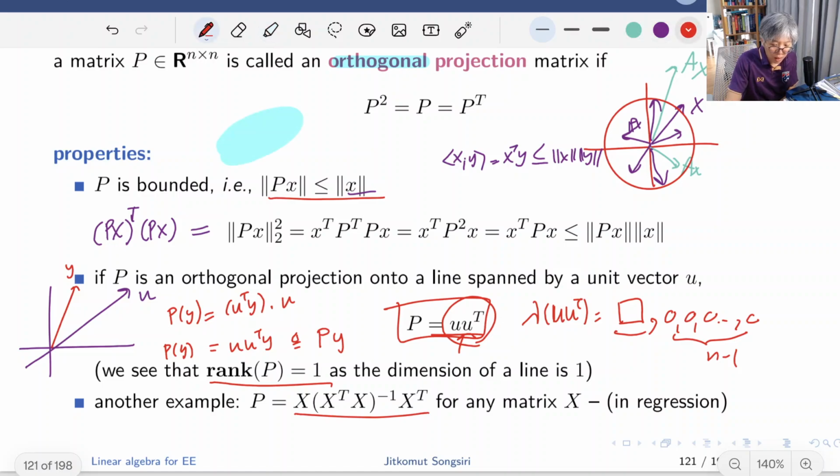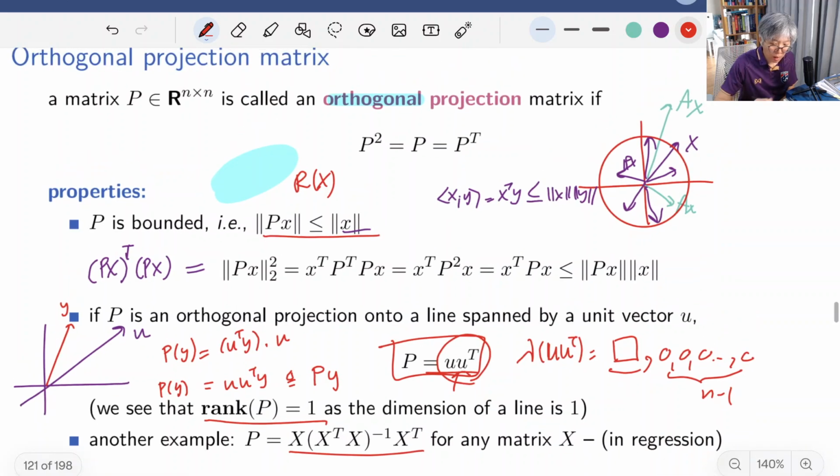You have the range of X, meaning the range space of the matrix X. If you have an original vector y, the question is, what is the vector in the range of X that is closest to y? We say we're going to do the projection. This is the projection of y onto the range of X.